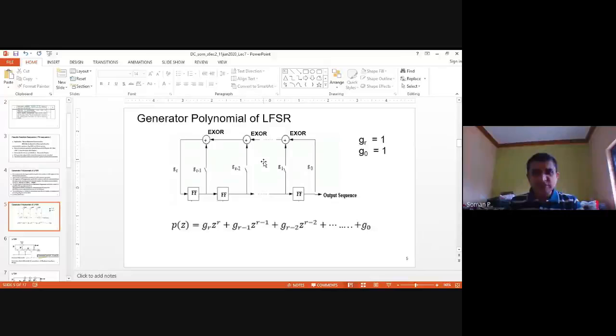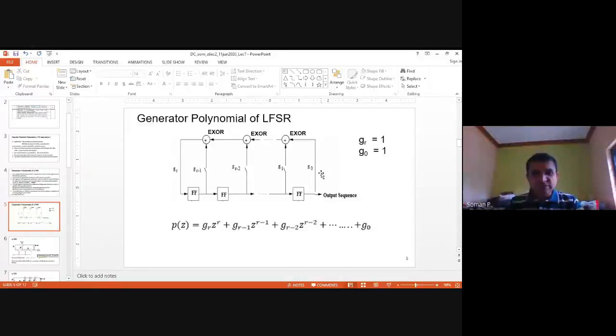That is the basic characteristic of an XOR, A bar B plus B bar A. So for this generalized circuit, the polynomial is defined as P of Z equal to, and whatever is written near those lines are the coefficients for the multiplication factors, GR, GR minus 1, GR minus 2, G1 and G0. And the condition is that GR and G0 have to be 1.